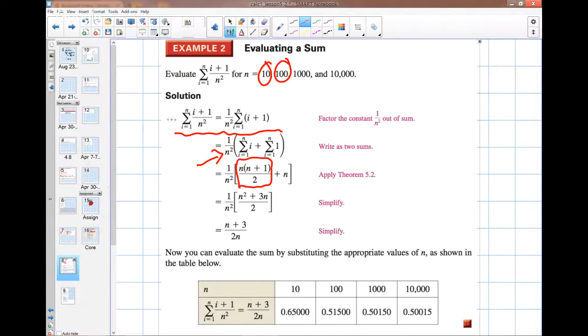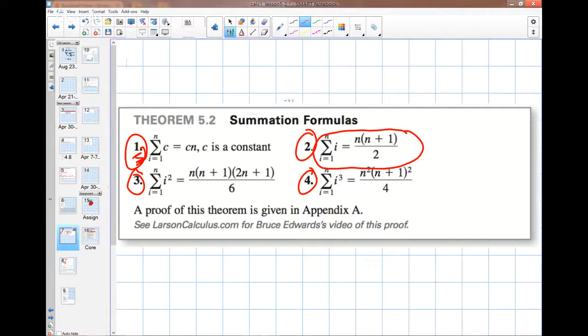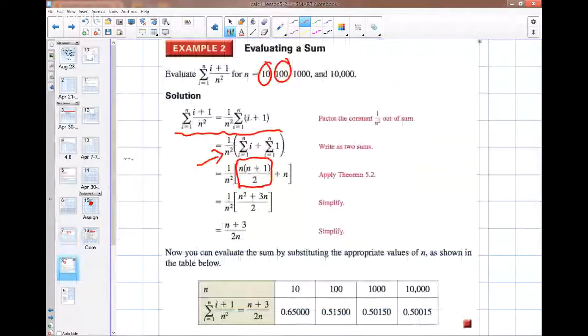Remember that? I'll just show you real quickly. It's that number 2 one right there. The sum of whatever the index is up to is n times n plus 1 over 2. So you'll notice in this problem, we just substituted that, n times n plus 1 over 2.